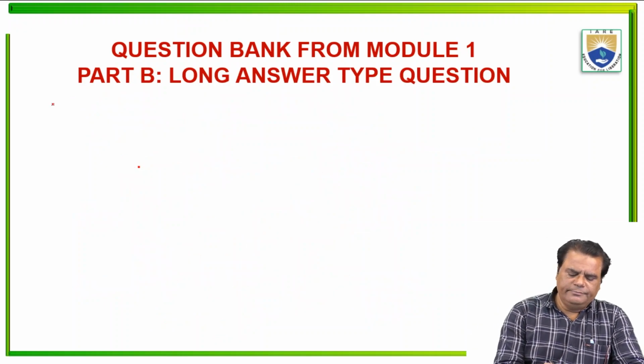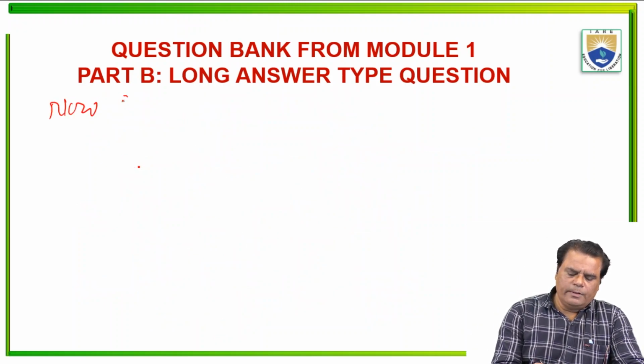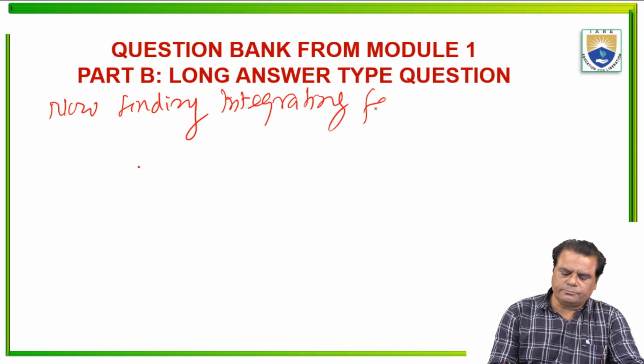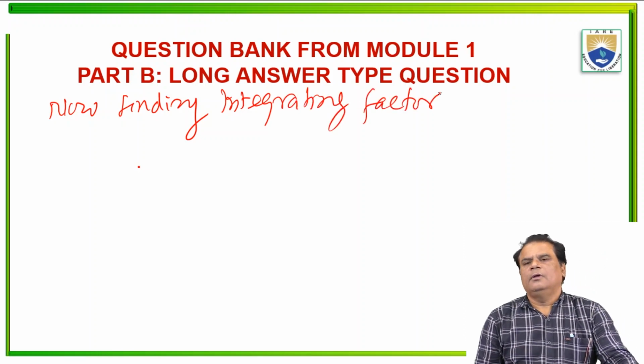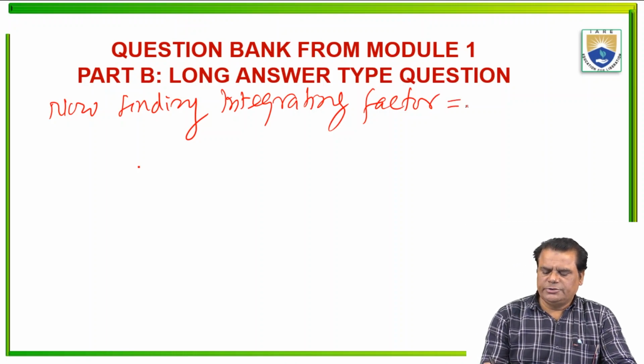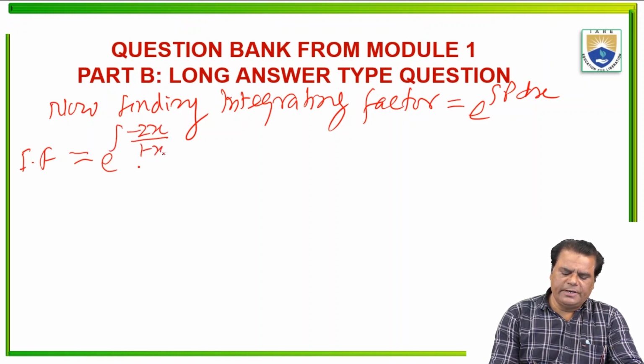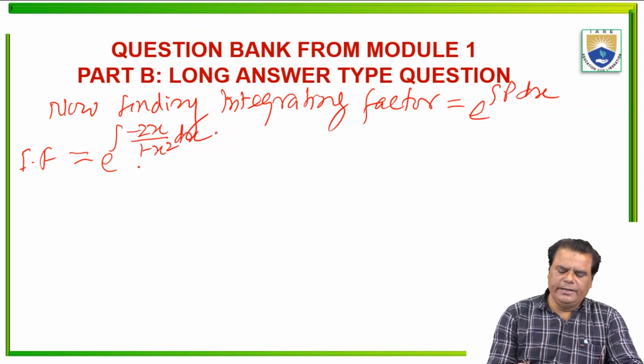Now finding the integrating factor. This is e to the power integral p dx. So in our question, IF is e to the power integral 2x upon 1 minus x square dx.